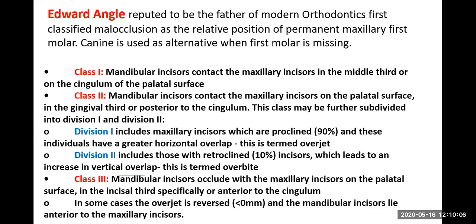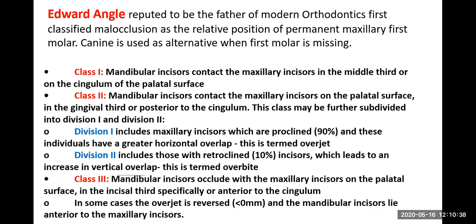So when the incisor of the lower is making contact with the middle third of the palatal surface of the upper anterior, it is a class 1 relationship. You get it clearer as we move along. Class 2 is when the mandibular incisor contacts the maxillary incisor on the palatal surface in the gingival third or posterior to the cingulum. This class may be further divided into 2.